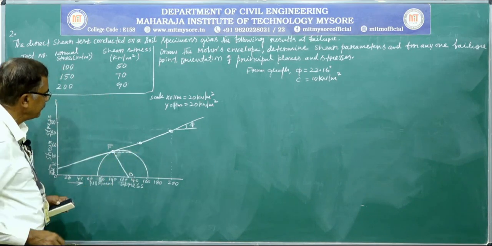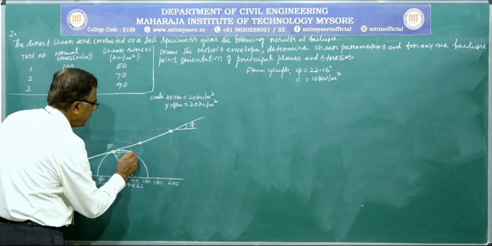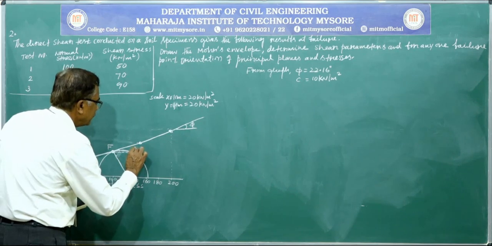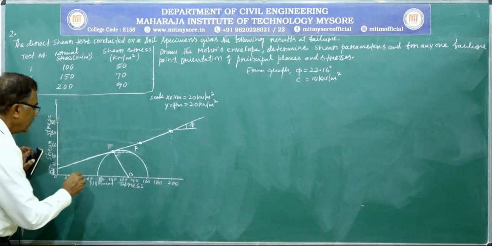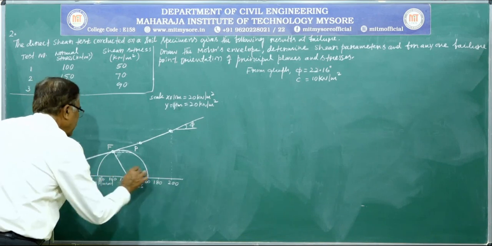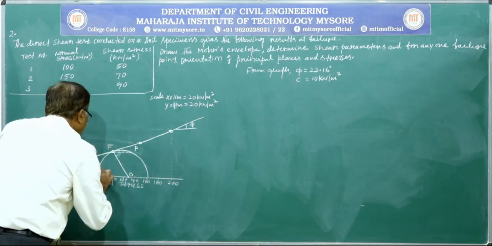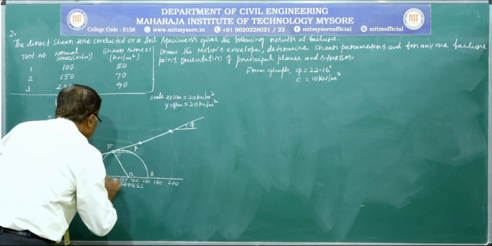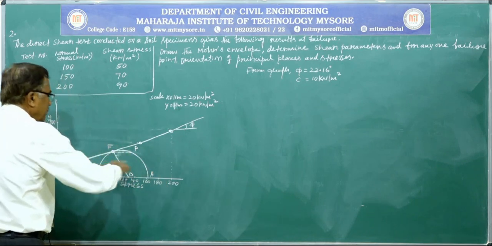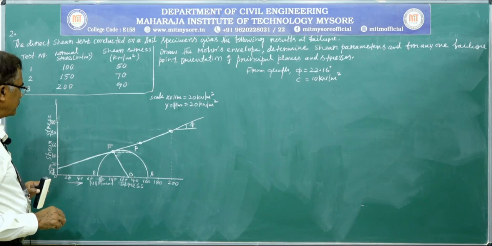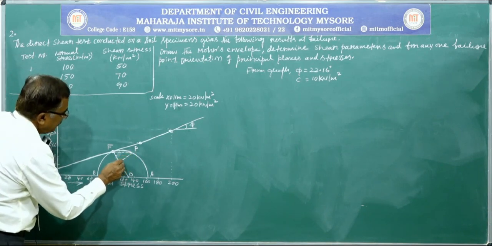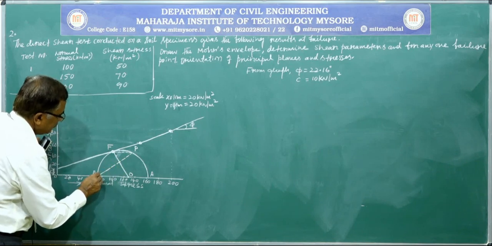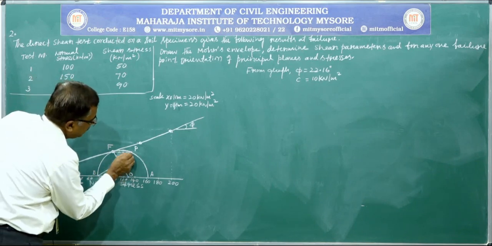So this is the failure plane, and let us mark this point as P. Call the commencing and end points of the Mohr circle A and B. Join PB and PA.